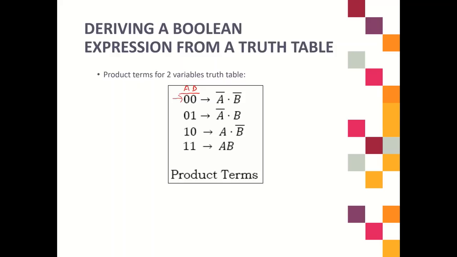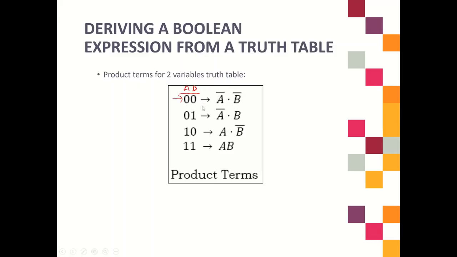So our objective for this SOP is to find the output that is equal to 1, so that your product term, when you AND your variables, must also equal 1. In this case, because the value of both variables is 0, both inputs must be complemented.